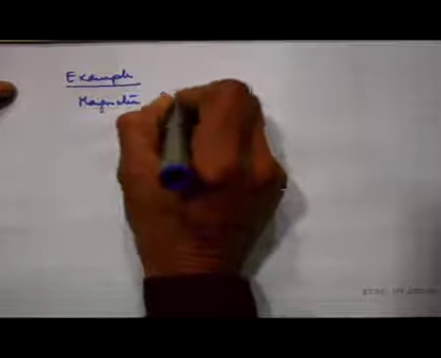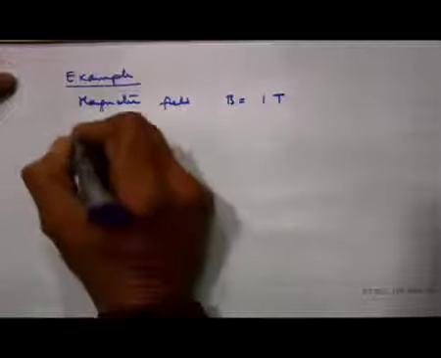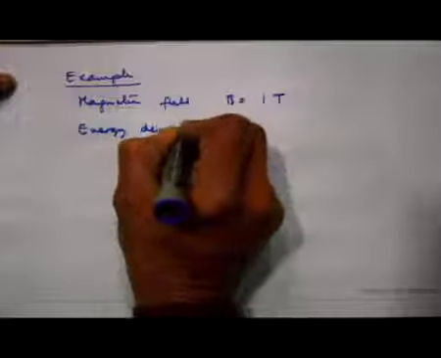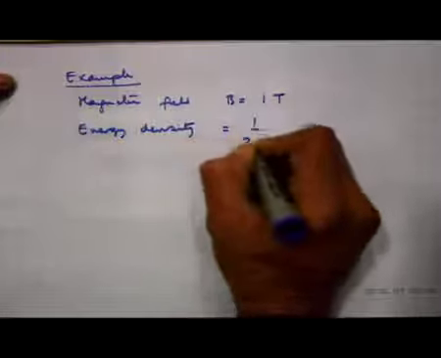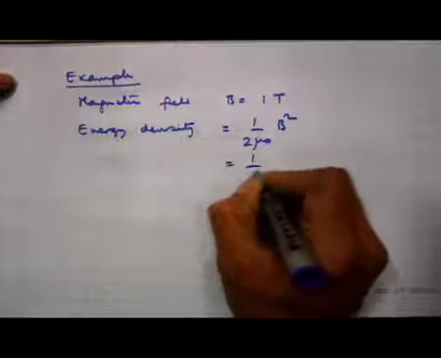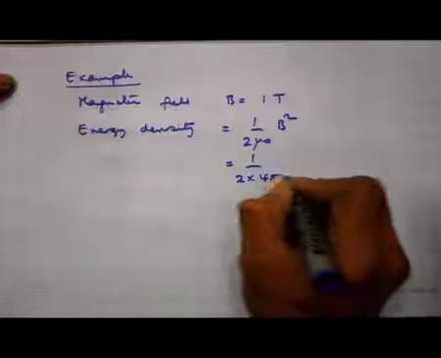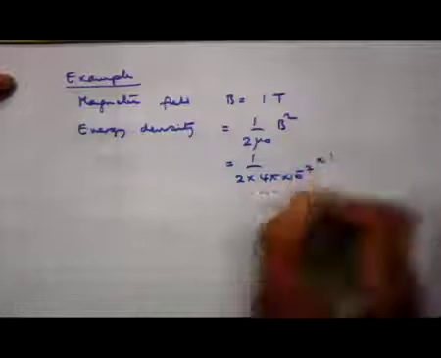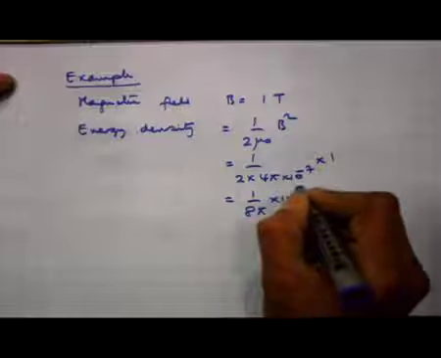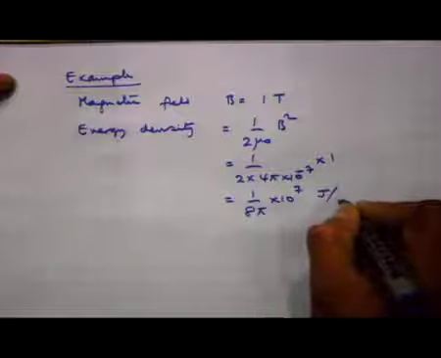So, suppose I have a magnetic field B of 1 Tesla, then the energy density, which is equal to 1 by 2 mu naught B square, which is equal to 1 by 2 times 4 pi 10 to the minus 7 into 1, which is equal to 1 by 8 pi 10 to the power 7 joules per meter cube.